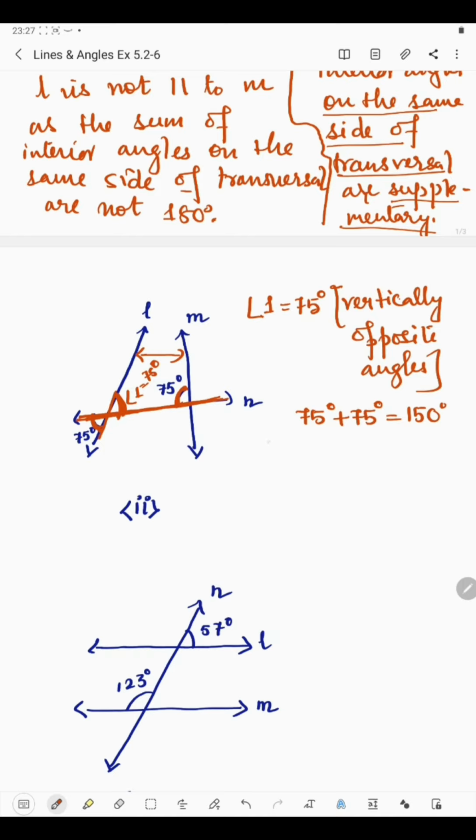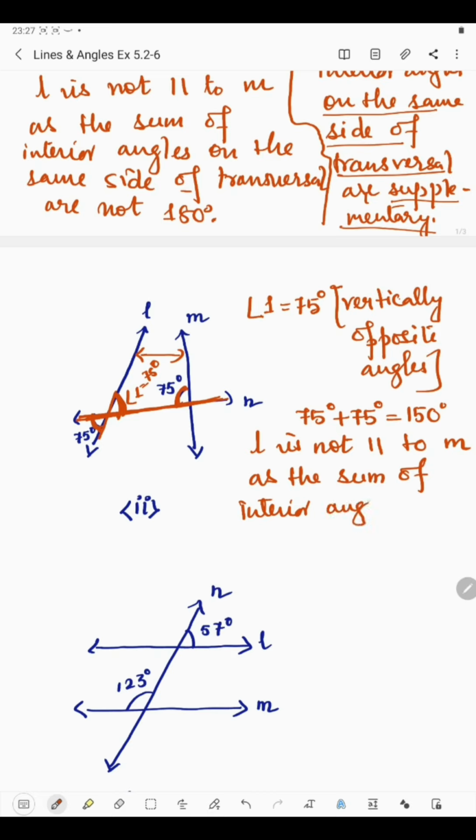So we'll write the reason: L is not parallel to M as the sum of interior angles on the same side of the transversal is not 180 degrees. Okay.